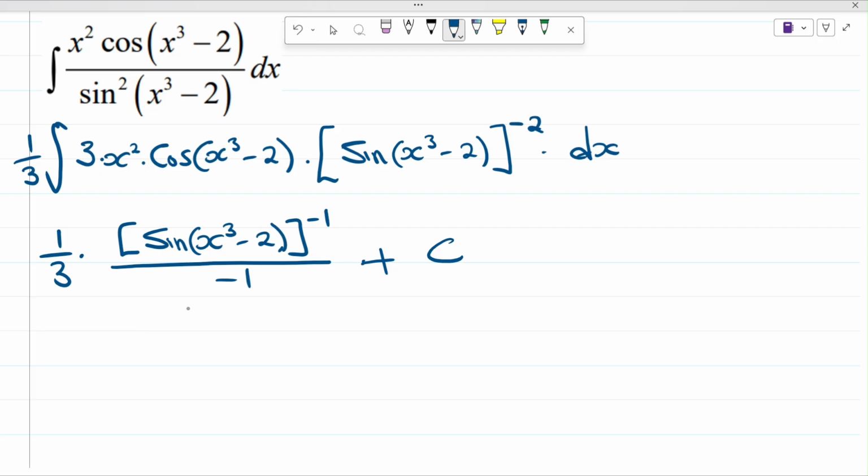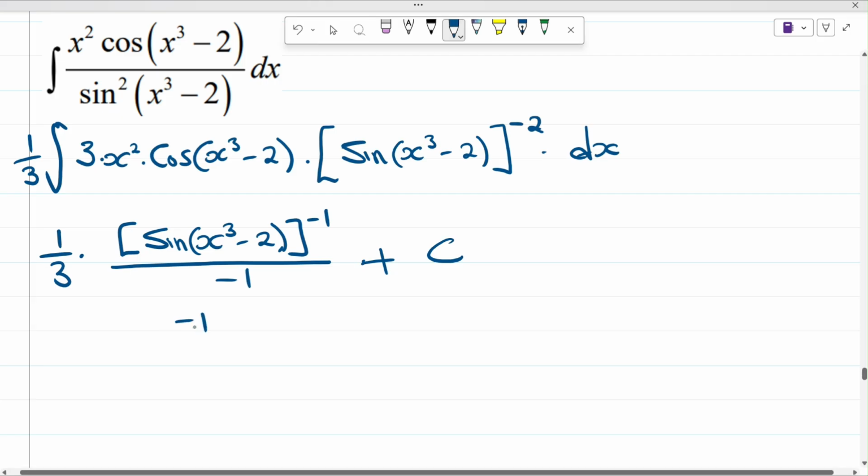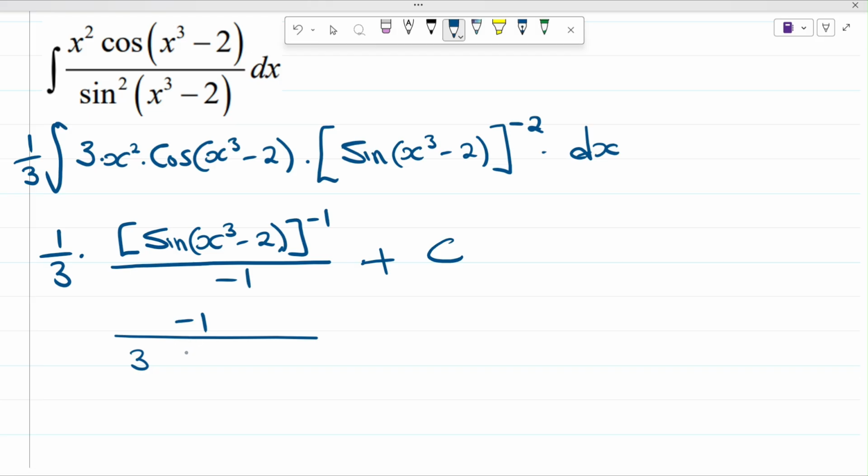And then of course we can rewrite this nicely and say this is equivalent to -1 divided by 3 sine of x cubed minus 2, plus c. Then ta-da, you have your answer.